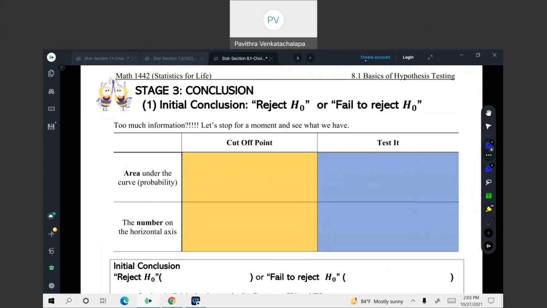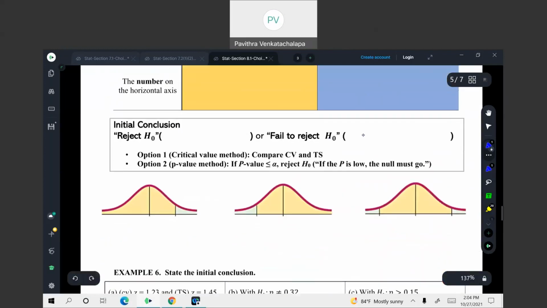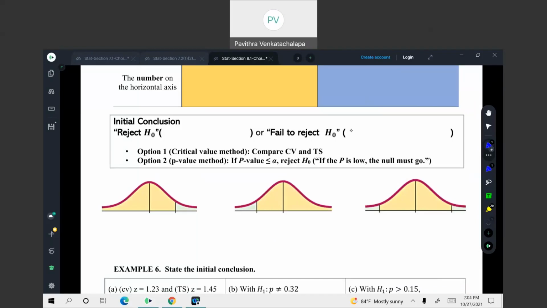Now we will see when we have to reject or when we fail to reject the null hypothesis. If the p-value which you get is less than or equal to alpha, and alpha is the significance level, right, then we say reject H naught.